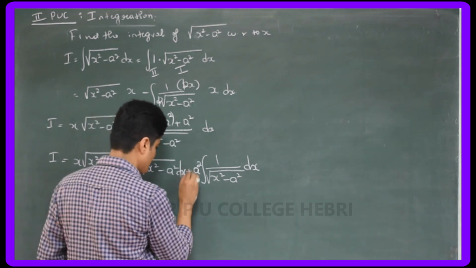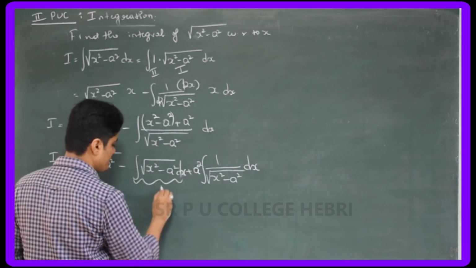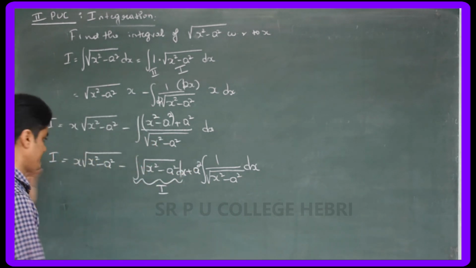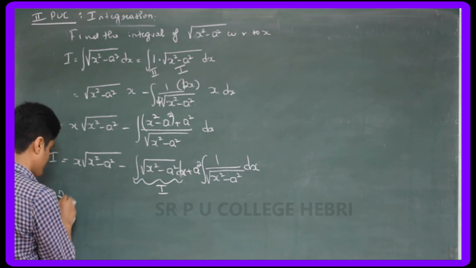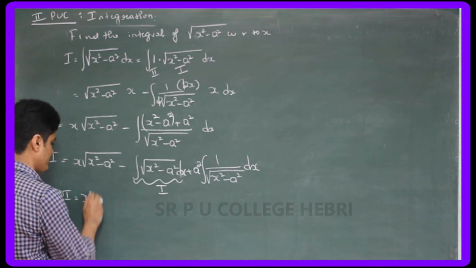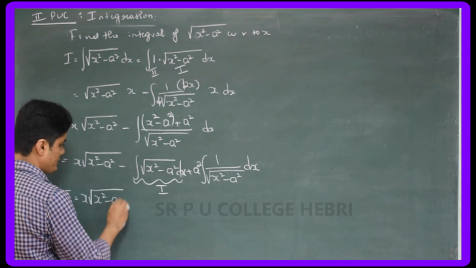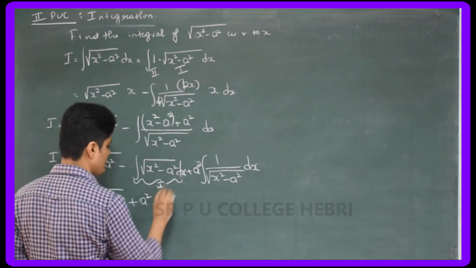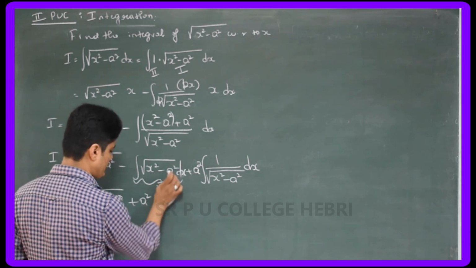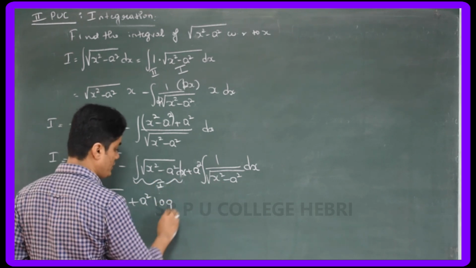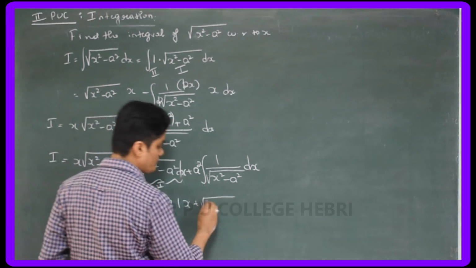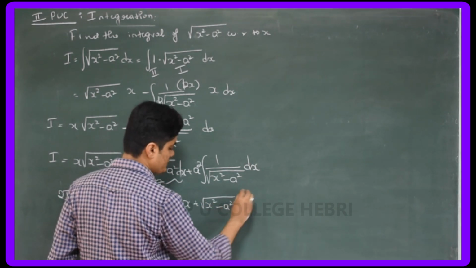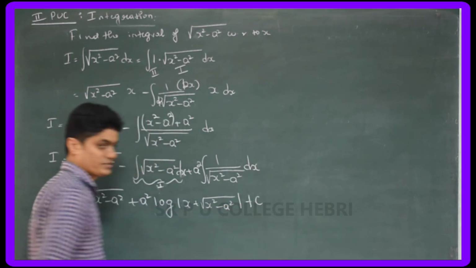Okay. Now you know that this is nothing but I. So the left hand side if we have I, bring it to this side. So 2I is equal to x into root of x square minus a square plus a square into, what is the integration of this? Yeah, log of x plus root of x square minus a square plus integration constant.